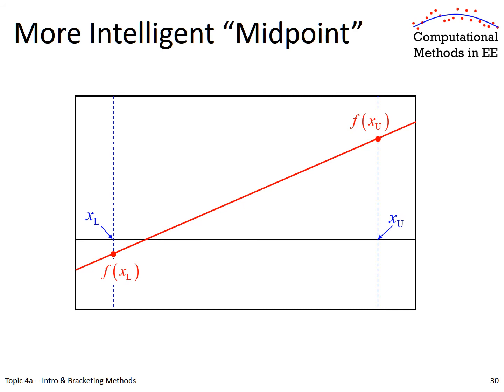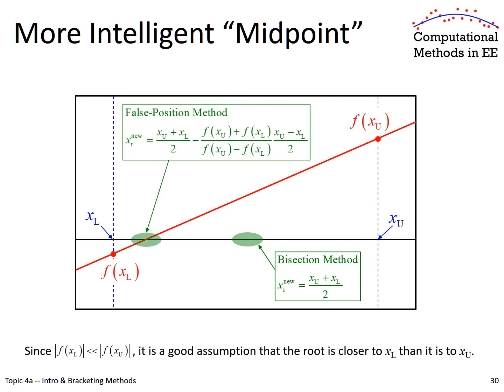If we were implementing the bisection method, we would calculate the position of the new root at the midpoint. However, the false position method fits this to a line, and it does a much more intelligent guess of where that root will be. Otherwise, the method's the same. It's just the equation we use to make our next guess as to the position of the root.